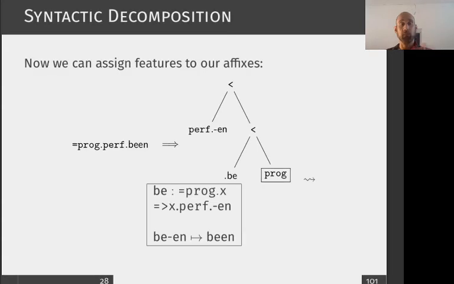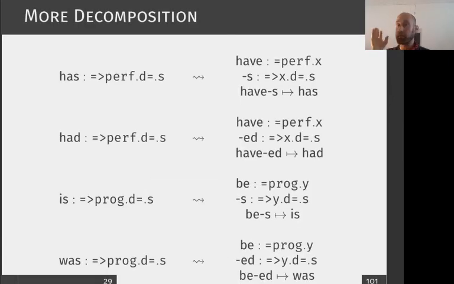So we do the same thing with the perfective bin, and there we see that B has to have features equals prog and X, and un has the same features as before. Okay, and B plus un is bin. We just do the same thing. Has, had, is, and was: we break them into have and s, have and ud, be and s, and be and ud. Okay.